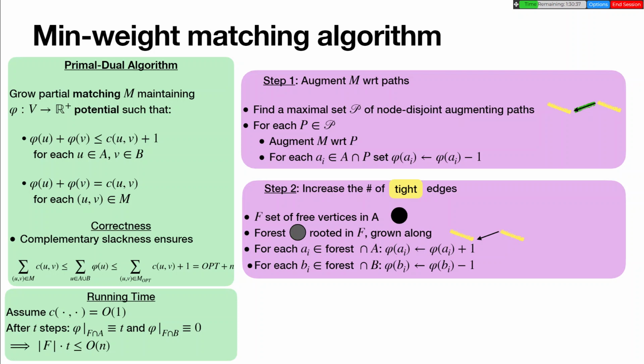So in turn, it means that if we want the free vertices to be a small fraction of the total, let's say, gamma n for some gamma, then we just need t to be a large constant.